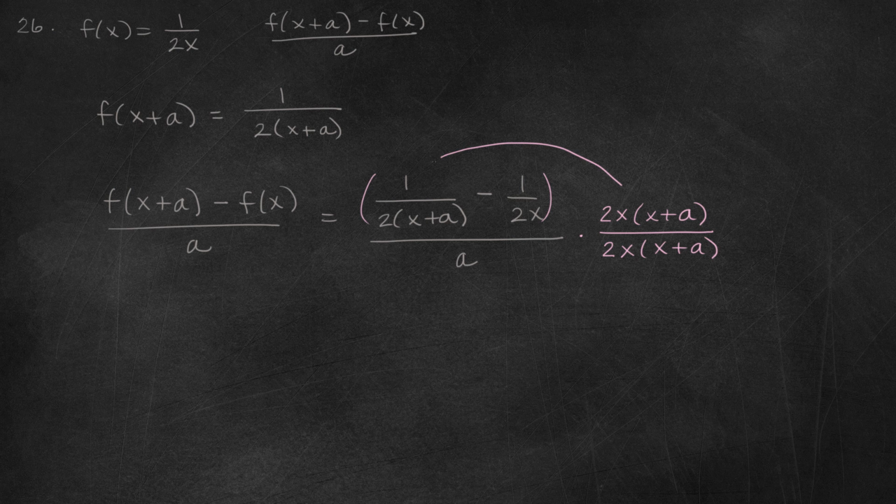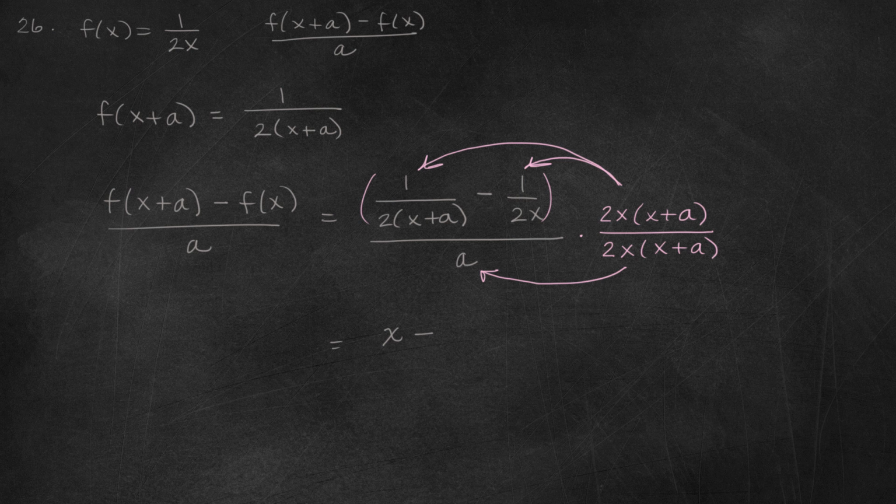So we're going to distribute this on the top, and then we also have to multiply it on the bottom. On the top, when I multiply 1 over 2 times the quantity x plus a times my LCD, the 2's cancel, the x plus a's cancel, and I'm just left with an x.